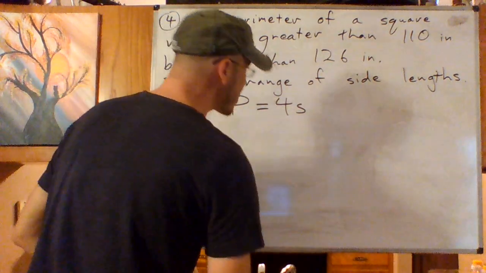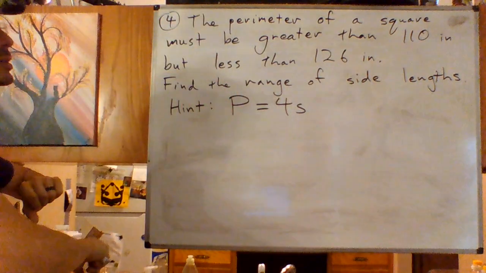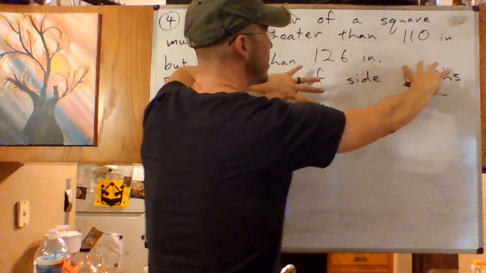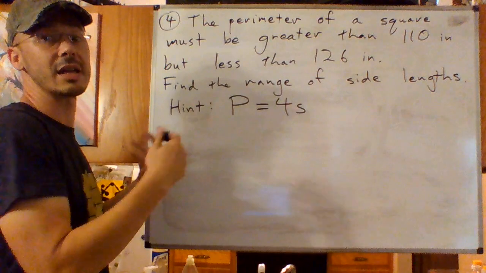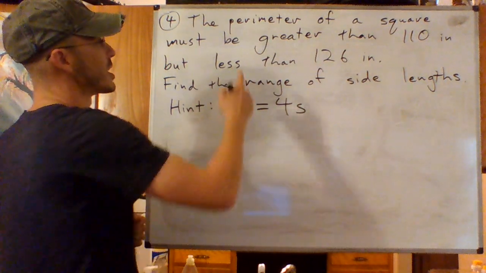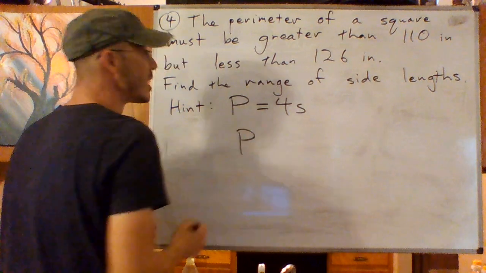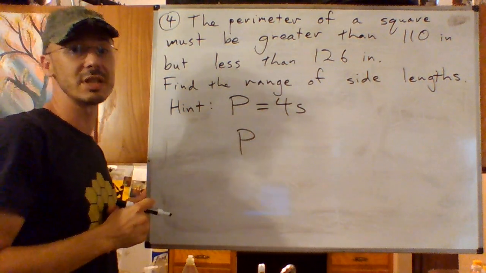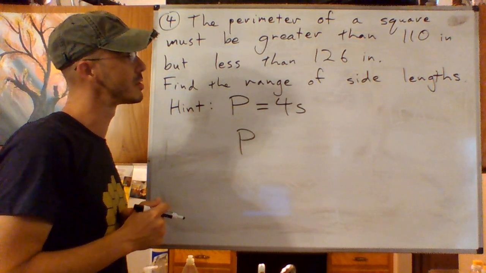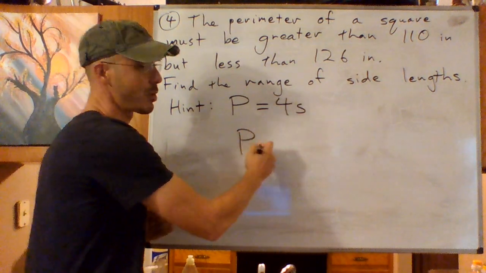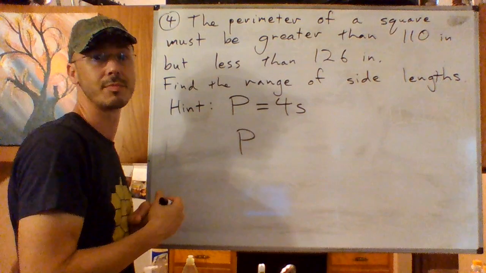Okay, so I'm going to translate the first sentence into an inequality. It says the perimeter, P, has to be greater than 110 inches. I could write P is greater than 110.